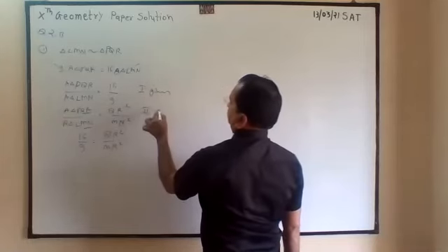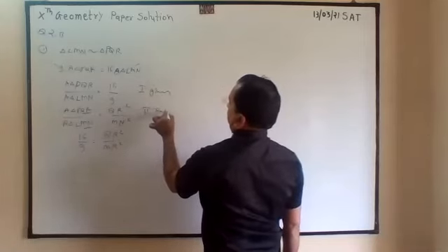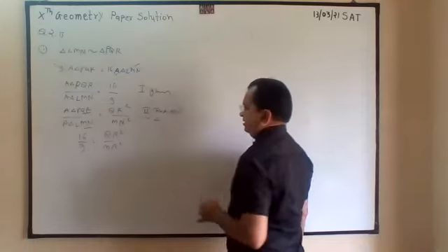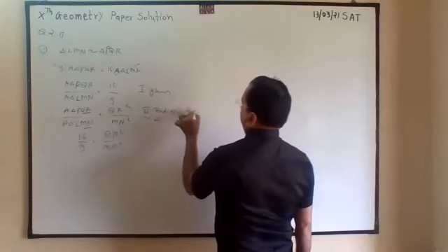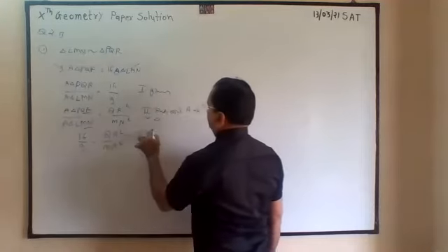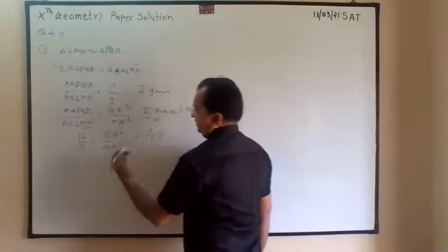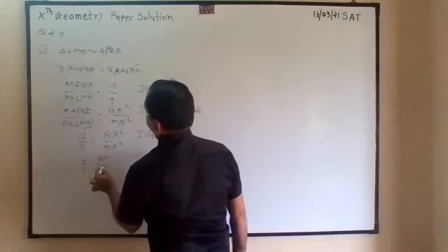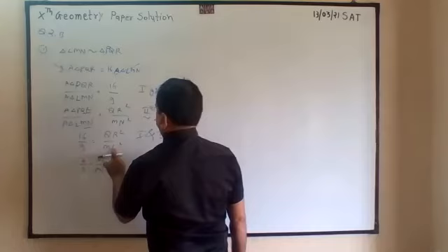This is the ratio of the area of similar triangles. From first and second, taking square root, it is 4 by 3, QR by MN. Sorry, MN.